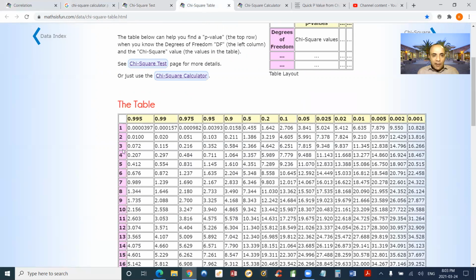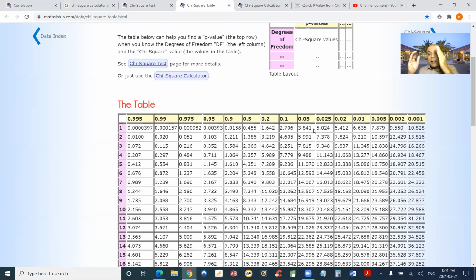This is degree of freedom. So this is 1, 2, 3, 4, 5. This is the degree of freedom. And this is going to be your chi-square that you see. So degree of freedom was 1 and 4.102. So 4.102 is in here, somewhere here.